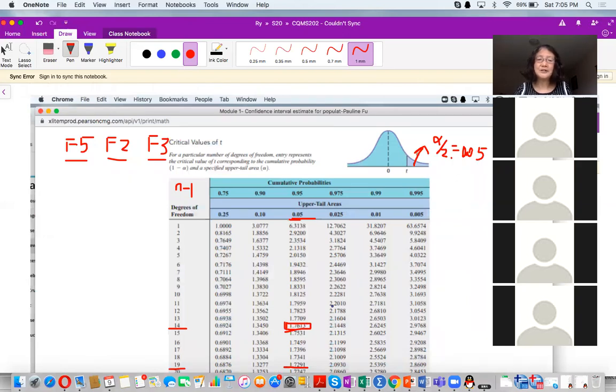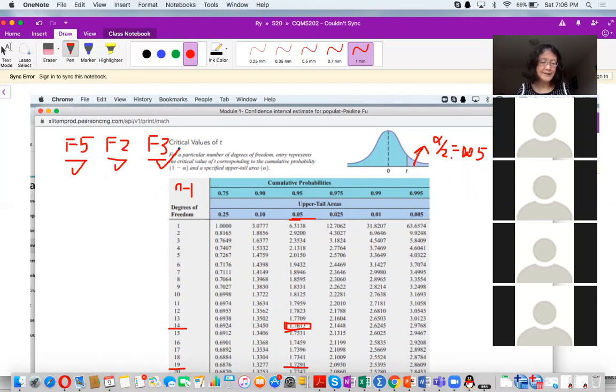Method 2, calculator method. To use the calculator method, you follow F5, F2, F3. And then area, you type in 0.05. Degree of freedom, you type in 14.